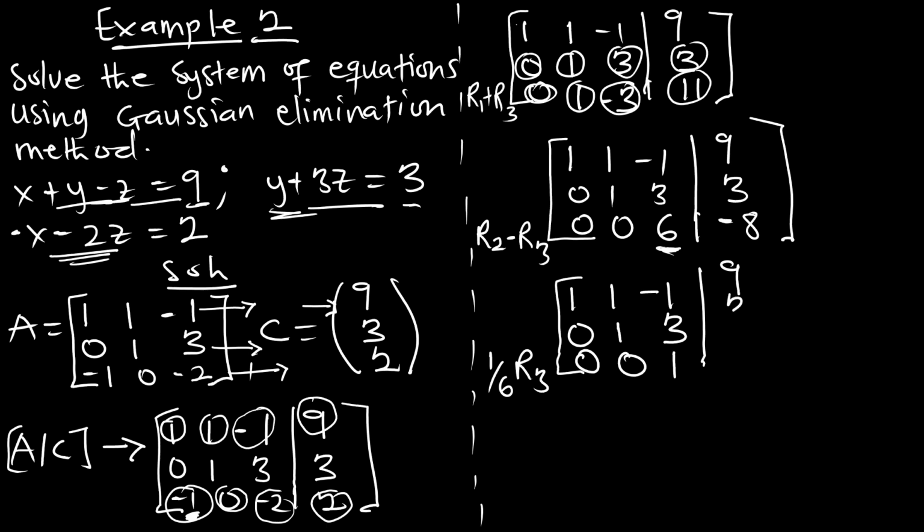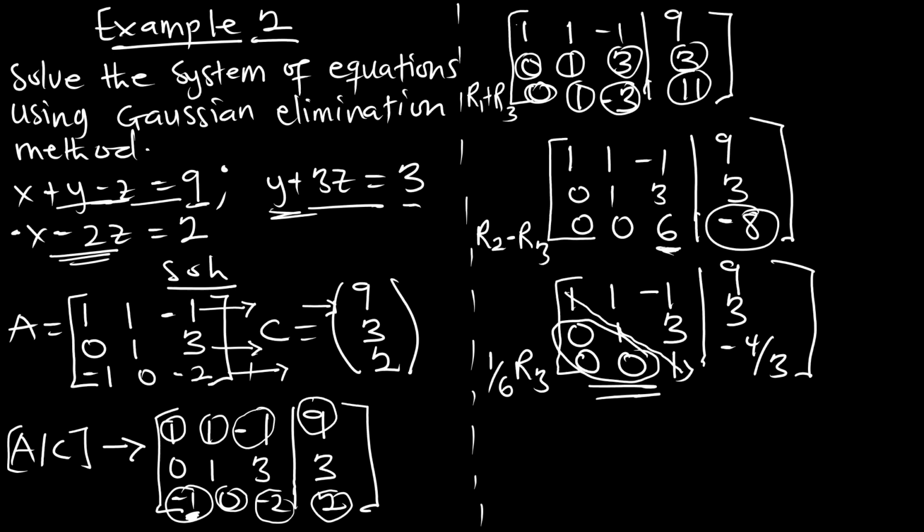And 1 on 6 by negative 8 is negative 4 on 3. So now this is what we have. And yes, this is an upper triangular matrix. We have ones on the principal diagonal and zeros beneath it. So we've achieved what we want to achieve.